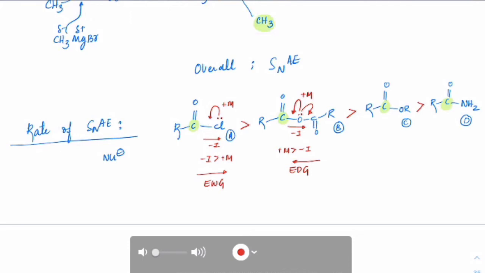In cross conjugation, the effective electron donating nature is less. See the next one, in esters, lone pair donation here is by plus M and slightly pulling by minus I effect. But with oxygen, plus M is dominant over minus I and it is strongly electron donating.